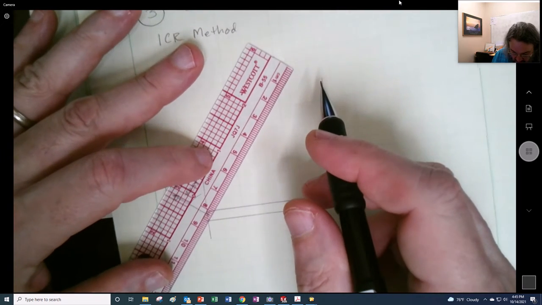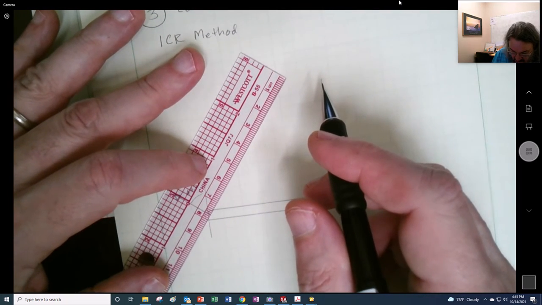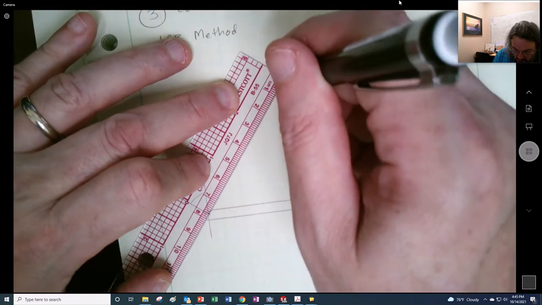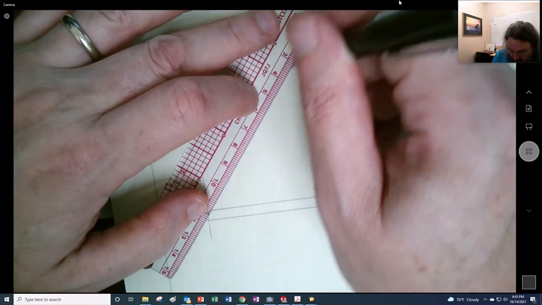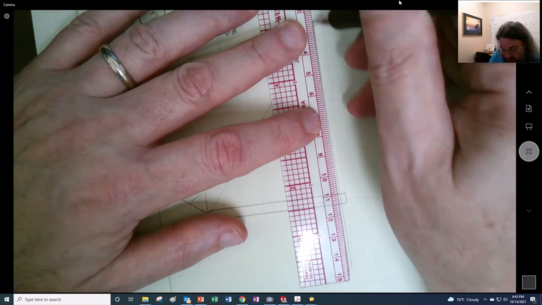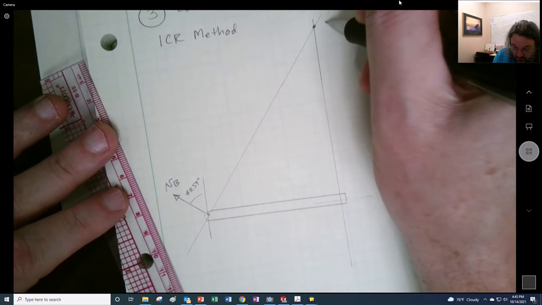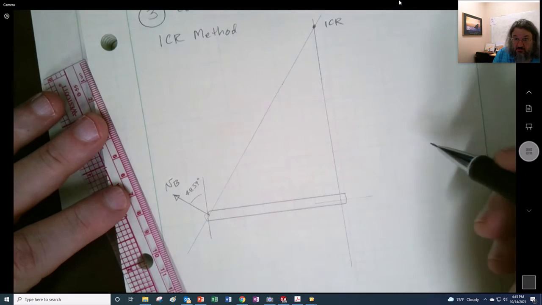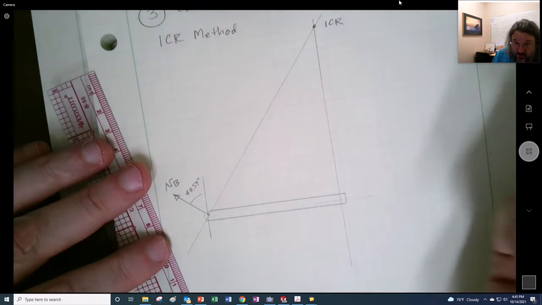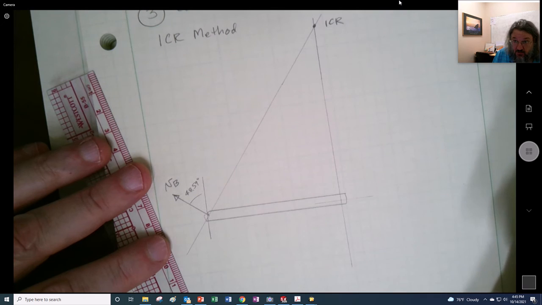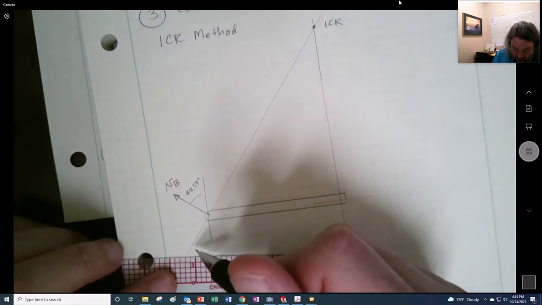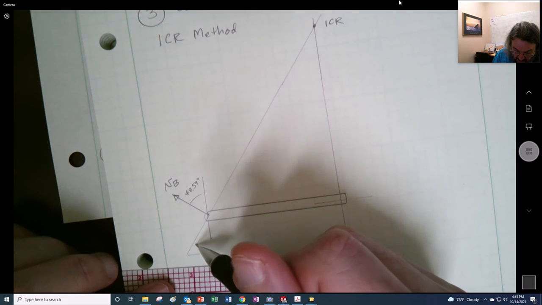Okay. So if we take a perpendicular to that velocity, continues up, and we could see where the intersection of the ICR is going to be. Boom. Here's our ICR. So this is actually a relatively easy triangle to do right here, because, well, for one thing, we found out this angle.